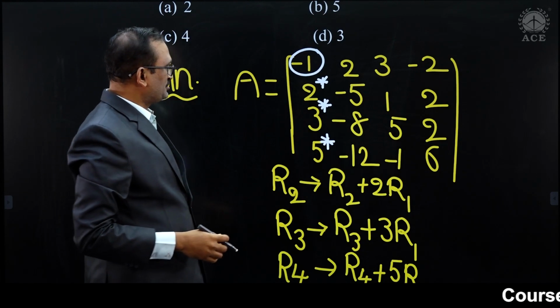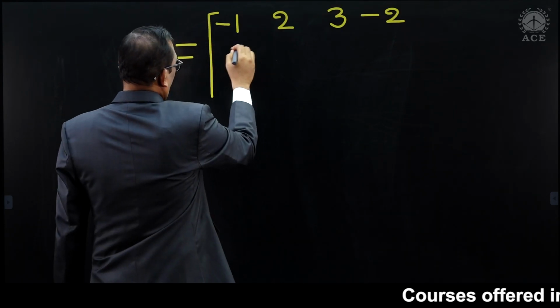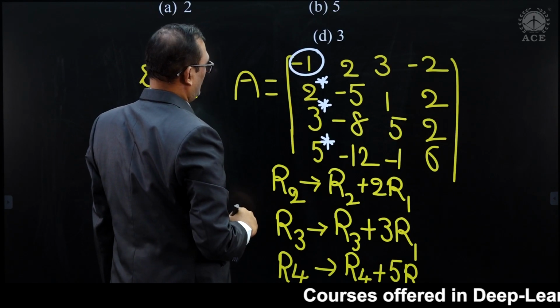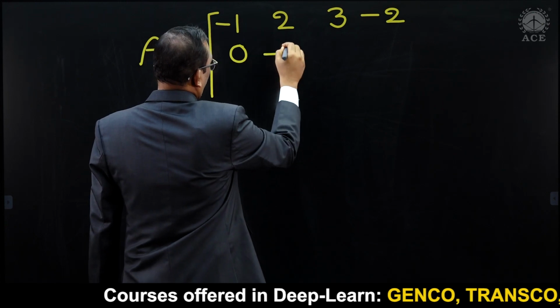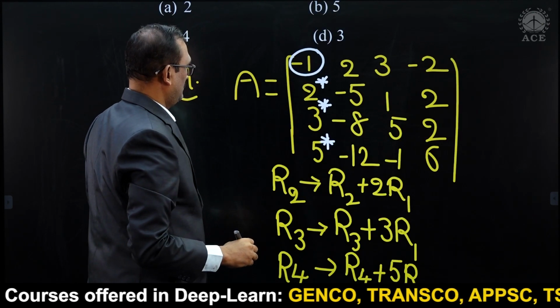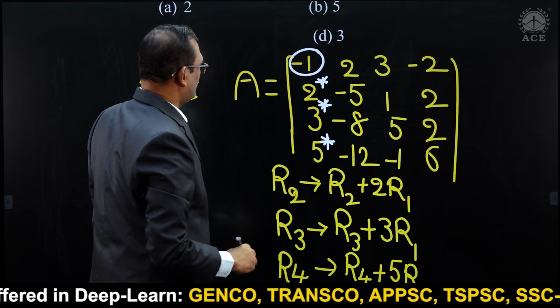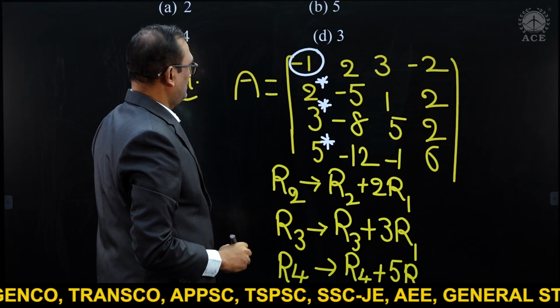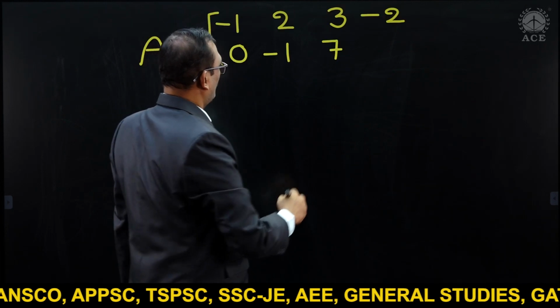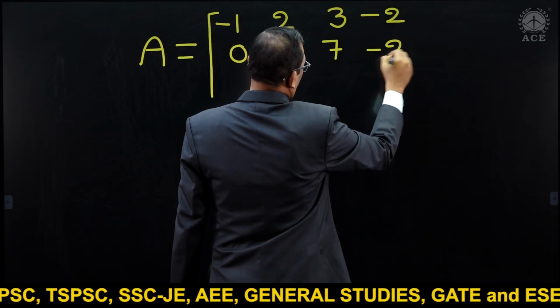That is 2 plus 2, 0. Minus 5 plus 4, minus 1. That is 1 plus 6, 7. 2 minus 4, minus 2.